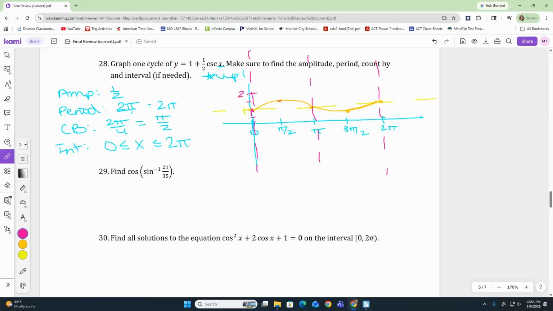High and low points stay. And then we turn it away from the axis. So this one goes up. And this section goes down. So that actual pink there is my cosecant. The rest of it's just what I use to help me get there.